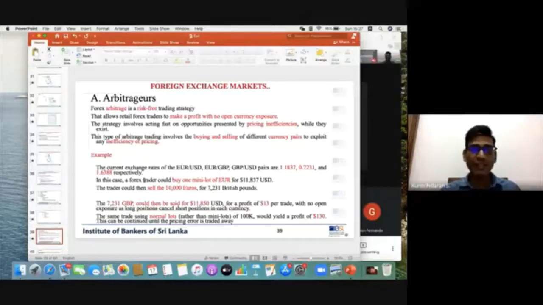I have given an example. You can see this. The current exchange rates of the Euro USD, Euro GBP, and GBP USD pairs are 1.1837, 0.7231, and 1.6388 respectively.